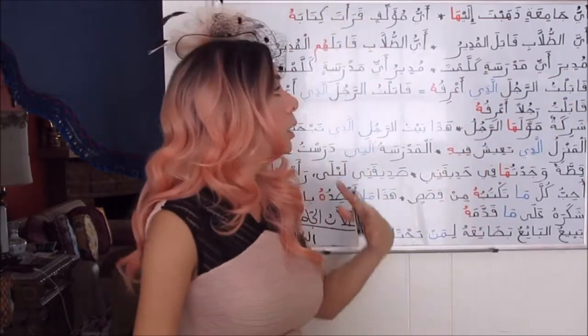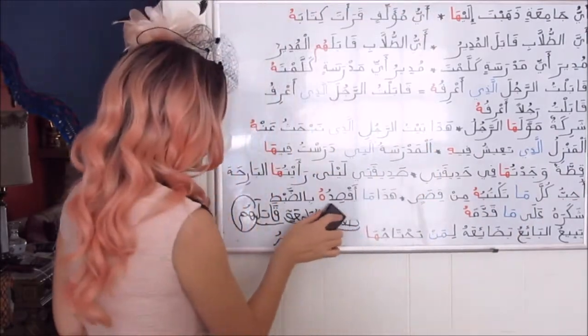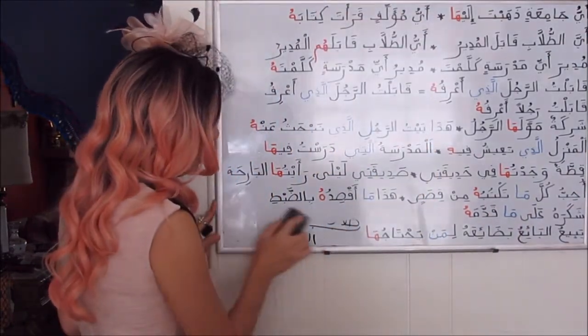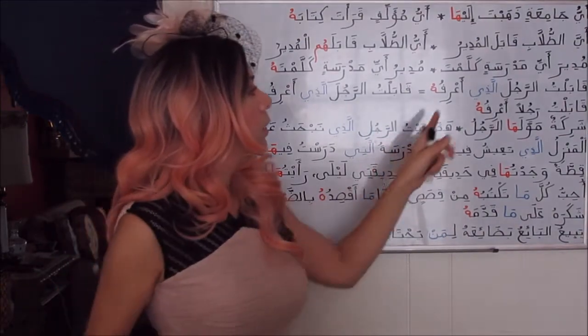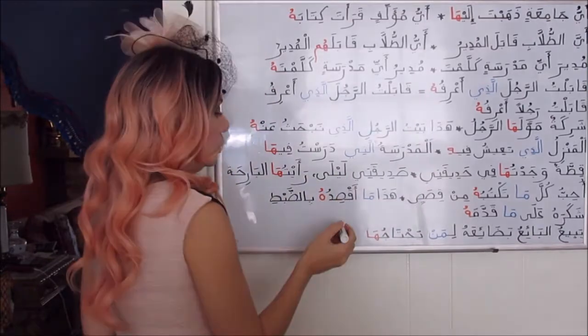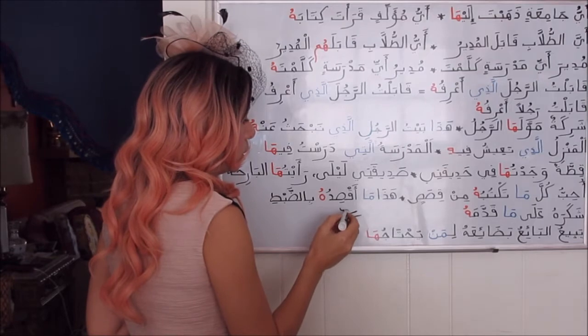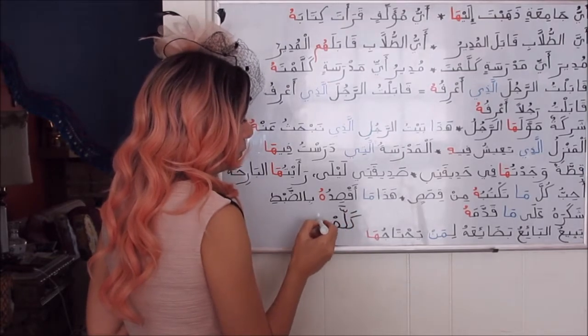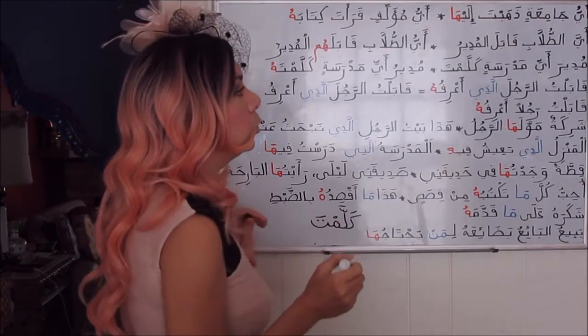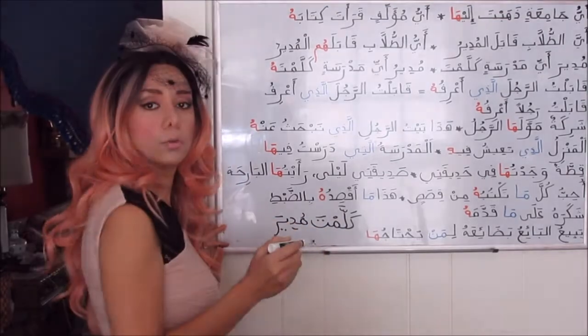Simple traditional question with simple traditional answer. Verb and subject, object. So this is the way that you would answer. كلمت. You spoke to, or you talked to. كلمت. مديرة. This is the object of the sentence.